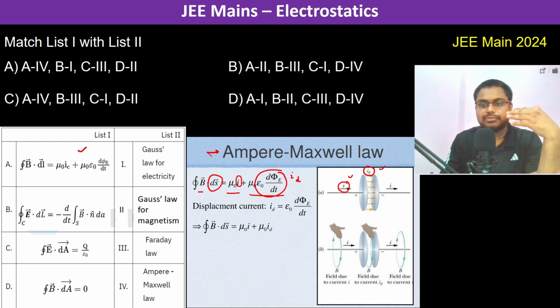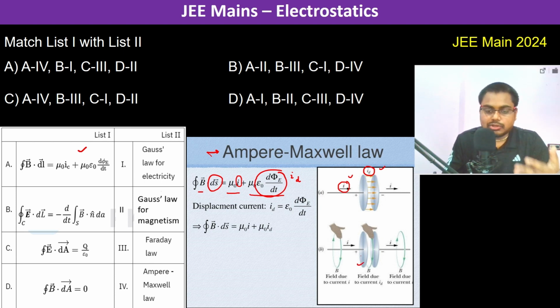The details of it will take a good amount of time to understand, but just in a nutshell, if you see, this is the wire and this is a capacitor. We all know that there is no conduction current flowing inside the capacitor, because the charges actually get accumulated here.